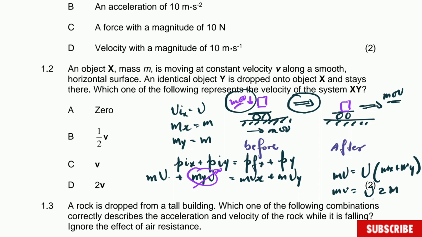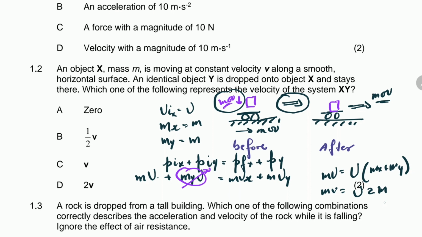Alright, and when you substitute to calculate the final velocity of the system xy, v is equal to mv divided by 2m. When you work this one, you have that v is equal to v over 2. In other words, it's half v, which is B. B is the answer. This is a good question, this one.